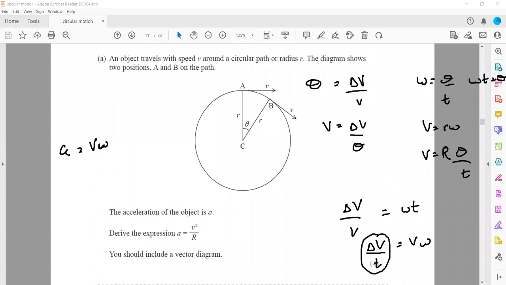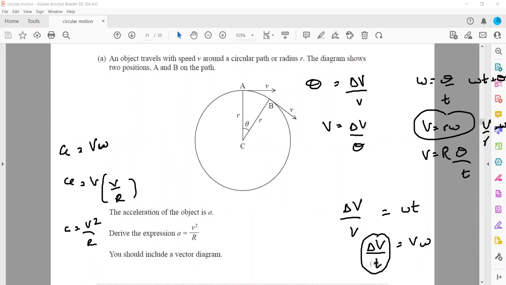And we know V is equal to R omega, so omega is equal to V divided by R. So in place of omega, we can write V divided by R. So A will be equal to V square divided by R. That shows that the centripetal acceleration is V square divided by R.